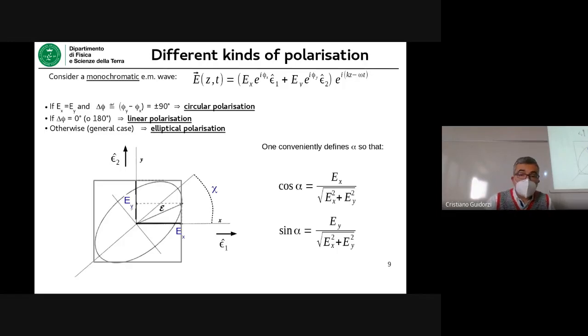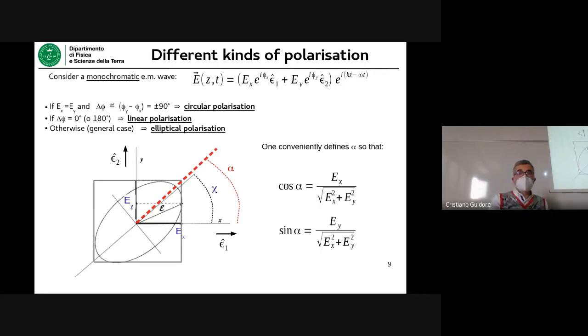Mind that these two angles are not necessarily the same, because if you consider the rectangle in which the ellipse is inscribed, of course, the two amplitudes are the two semi-sides of this rectangle. So alpha in general is different, even if they look pretty similar.